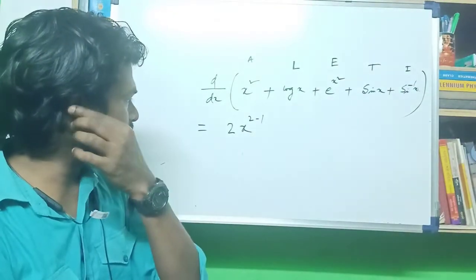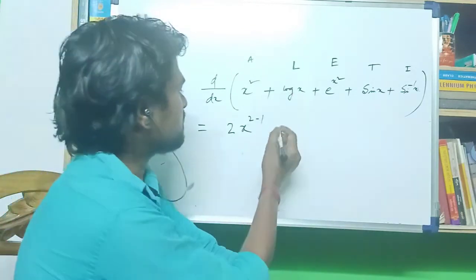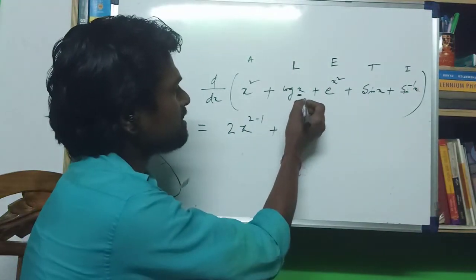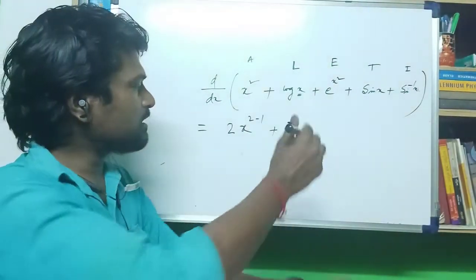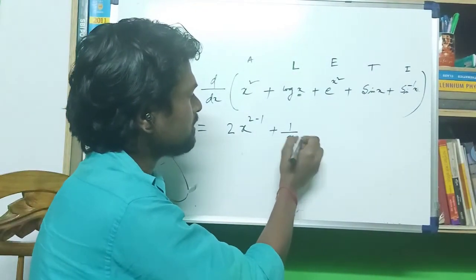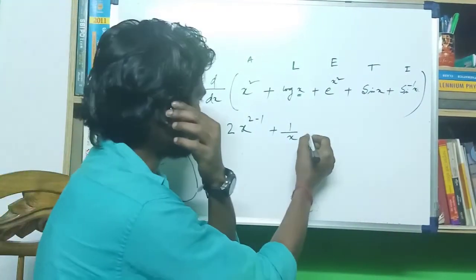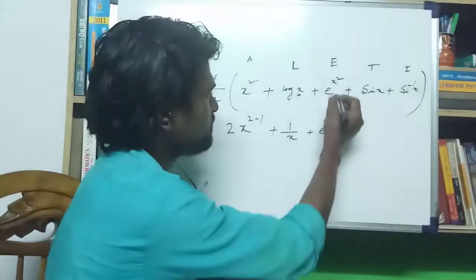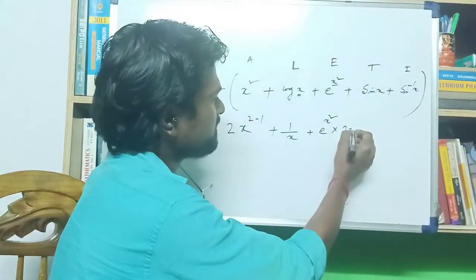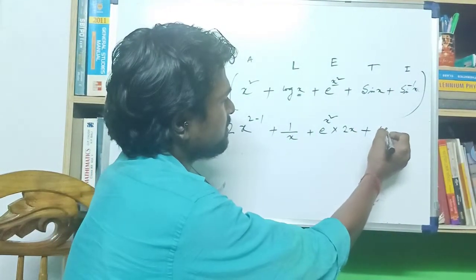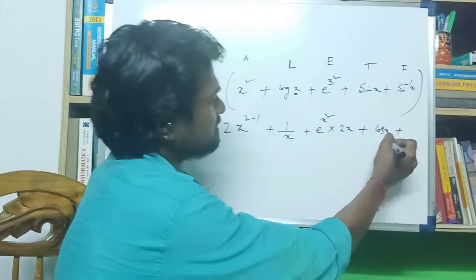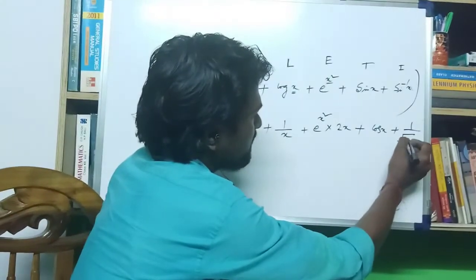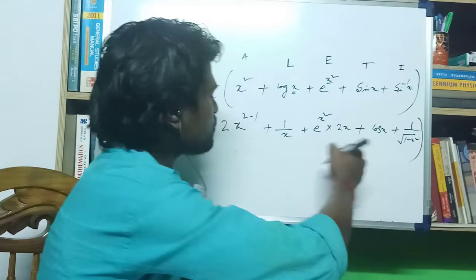So 2x to the power of 2 minus 1, plus log x, whose derivative is 1 by x. And if the function is exponential, then e to the power of x square into the derivative of the power, that is 2x, plus sine x means cos x, plus sine inverse x, which means 1 by root under 1 minus x square. So the derivative is done.